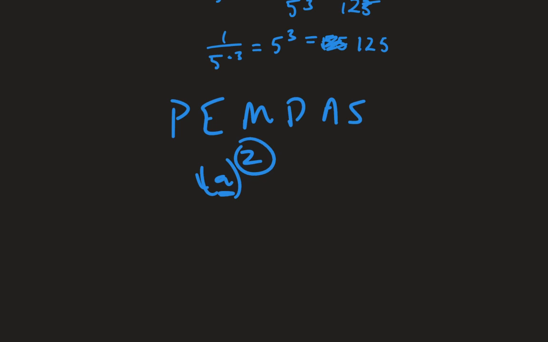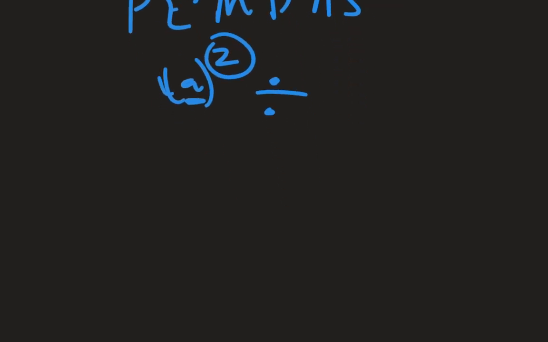So whatever power it's being raised to, and then the multiplication, division is done next, and it's done left to right, and then finally the addition and subtraction. So it's pretty simple when you look at it, but it can get a little tricky.